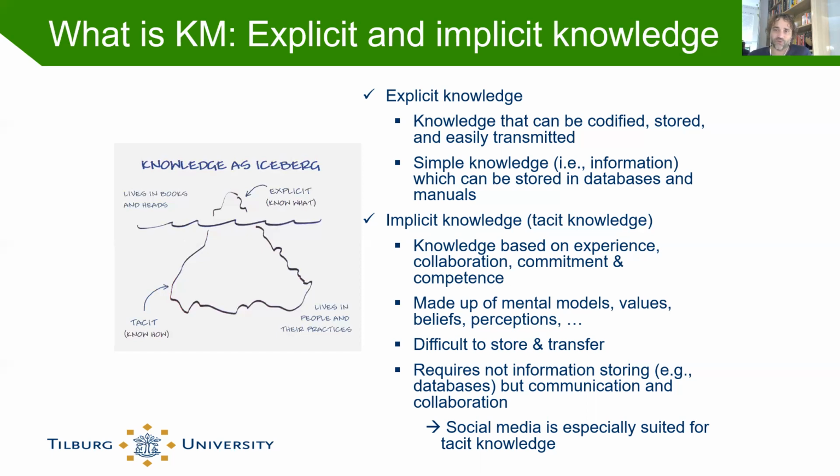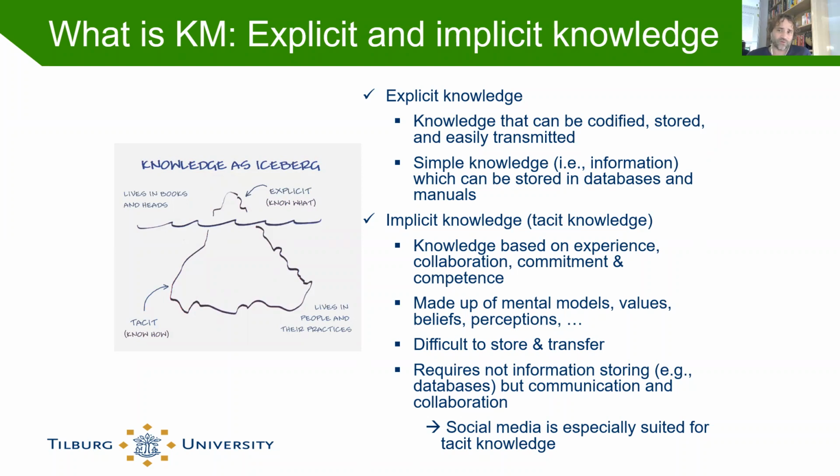So organizations really rely on social media to manage knowledge, especially to manage tacit knowledge. And because social media is persistent, it becomes more explicit, especially if it's searchable, etc. So absolutely right.